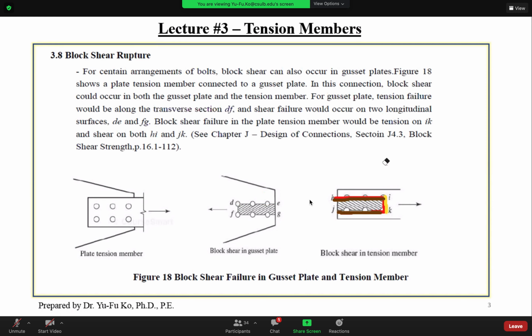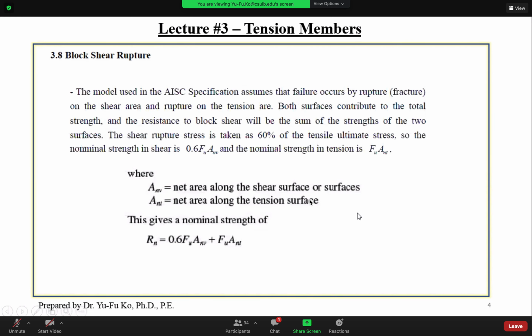So you can go there and see the strength definitions. So here, we are going to go over the equations.